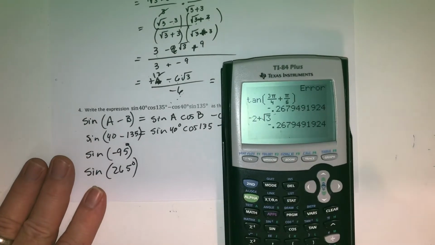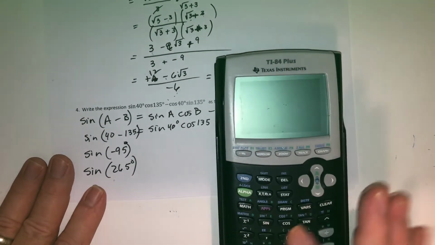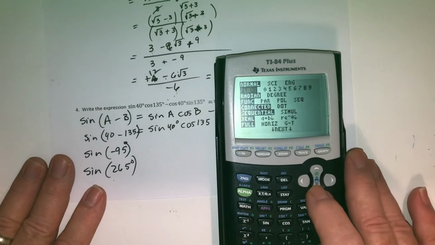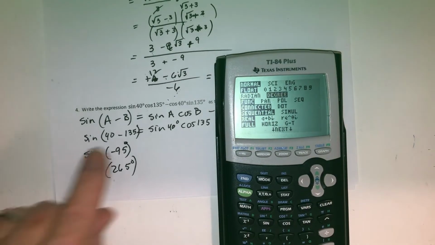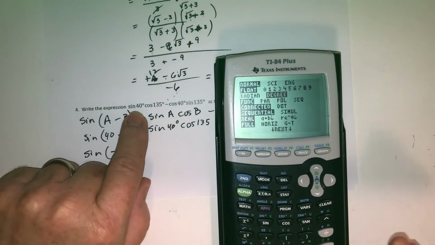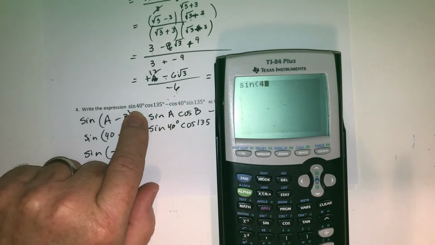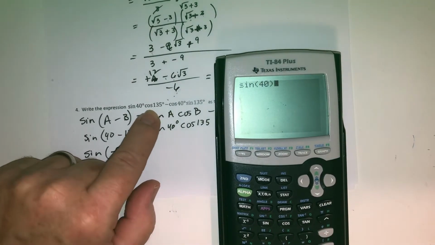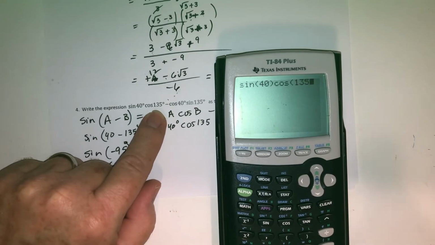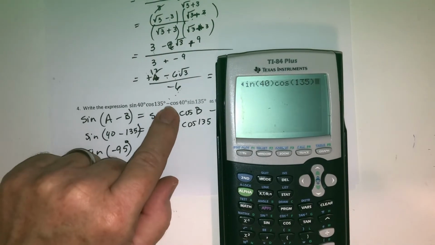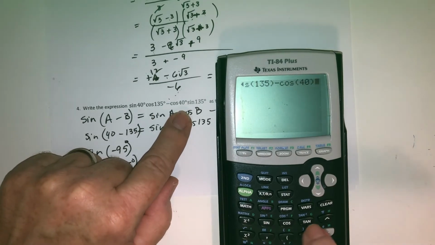If you were to take your calculator, make sure you're in degree mode, which I'm not. If I go to degree mode and I type in the original expression, the sine of 40 degrees, be sure you close that off before you multiply that by the cosine of 135, minus the cosine of 40 degrees, close that off, and then times the sine of 135 degrees.